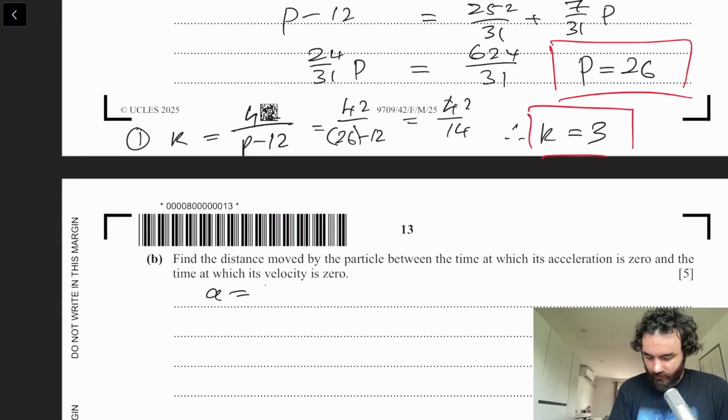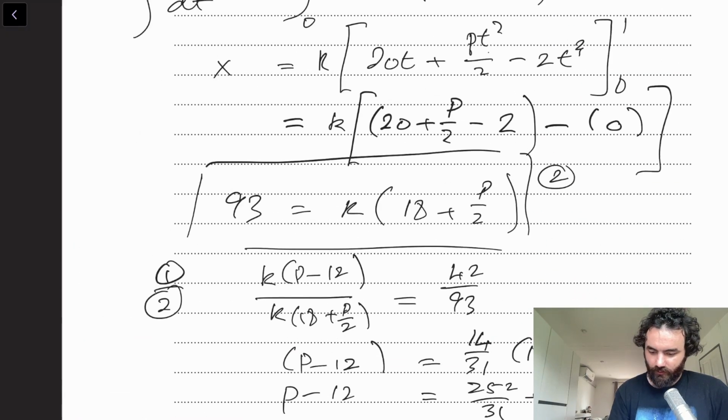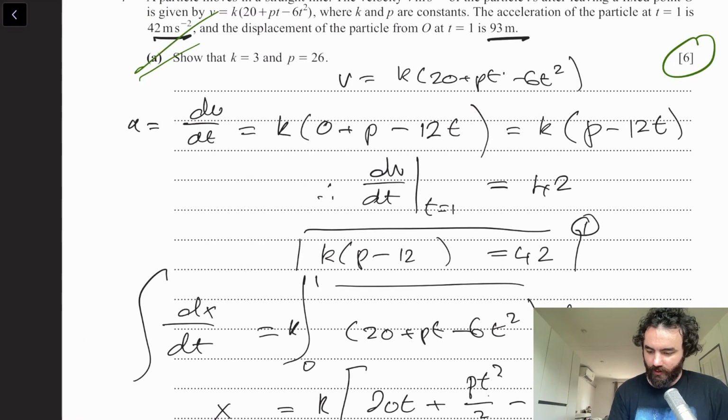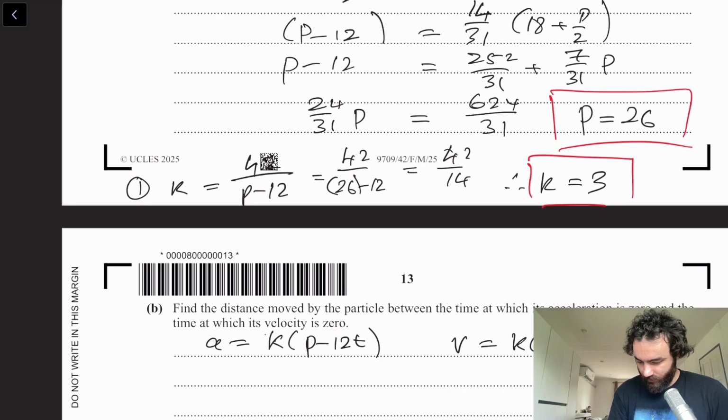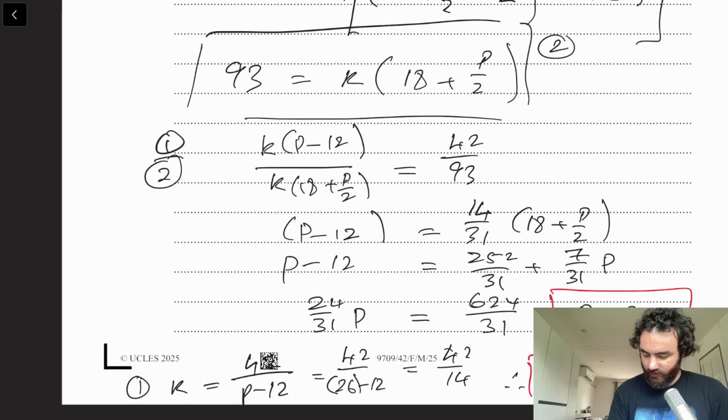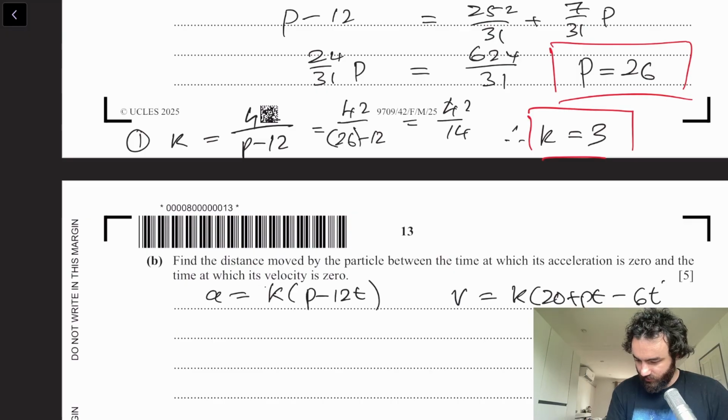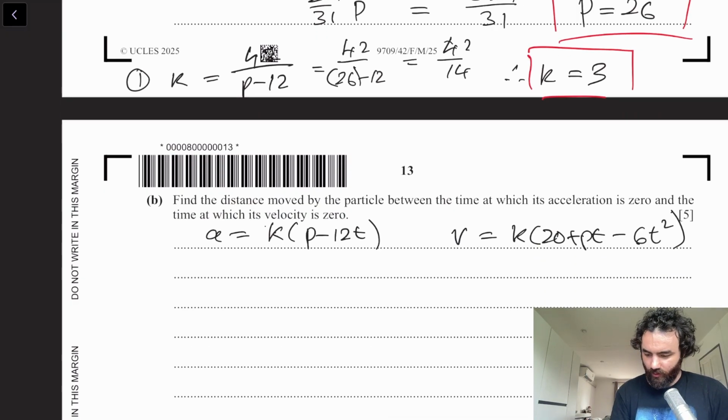And our velocity equals k20 plus pt minus 6t squared. Okay, we know what these things are, so we'll just make this look better.